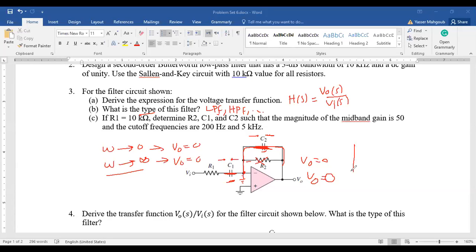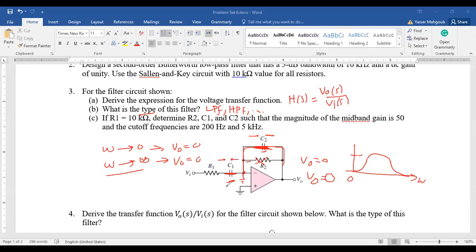So we would think of the transfer function or the frequency response to be something like this. At low frequency, it is 0. At high frequency, it's also 0, but in between, there is something here. So this is a bandpass filter for sure.